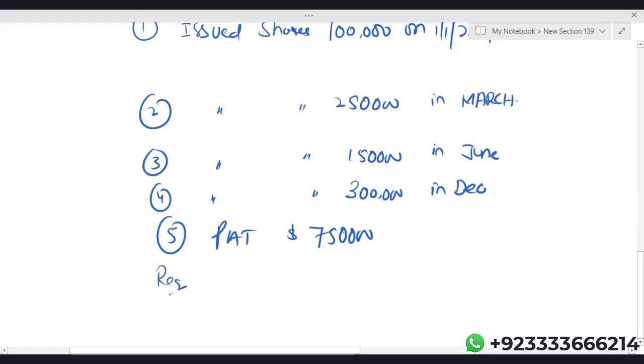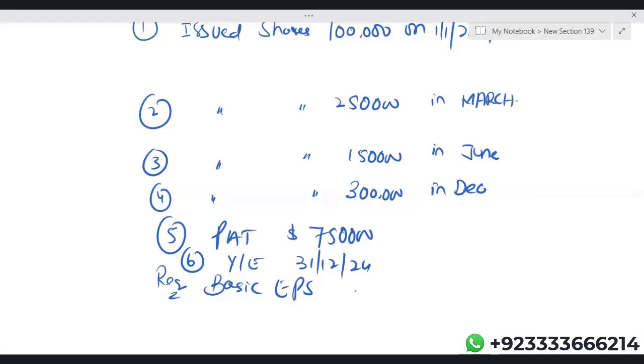Requirement, we need to calculate basic EPS. Year end is December 24. So first we have to calculate weighted average ordinary shares, and once you have calculated that, then obviously you can easily calculate basic EPS.